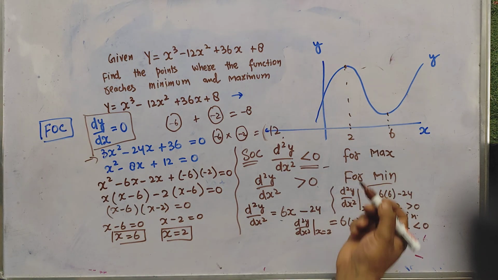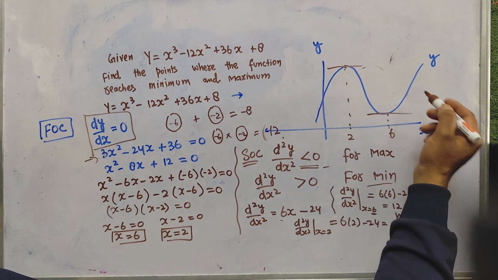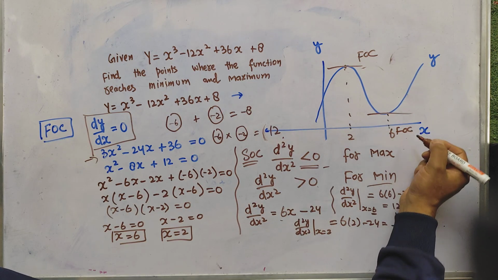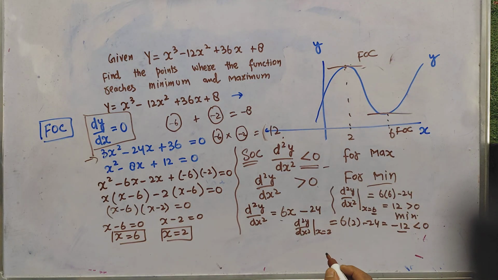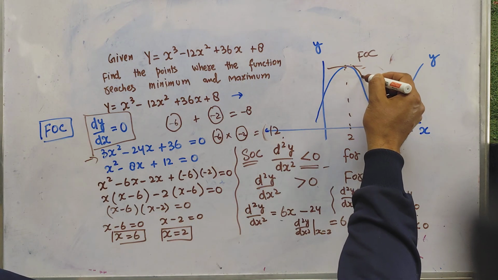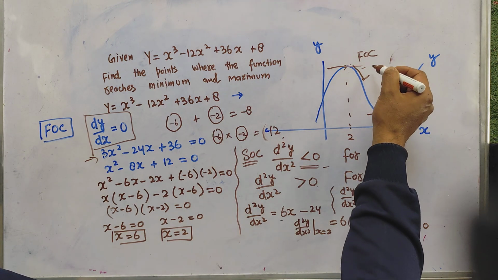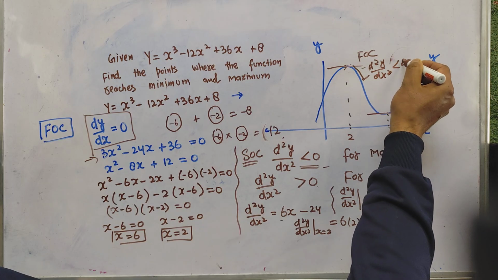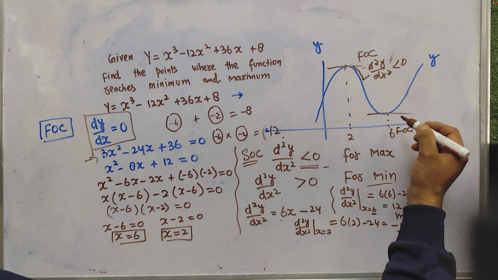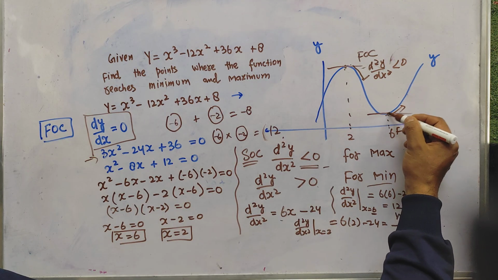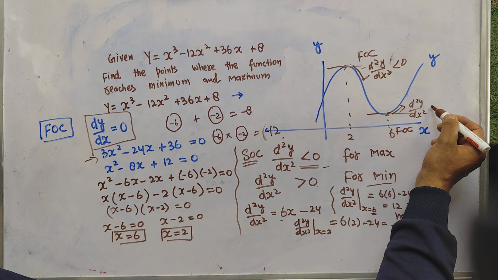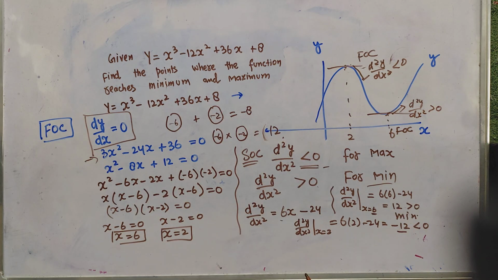Okay, so the first order condition, FOC, gives us that the slope is equal to 0. The second order condition tells us the second derivative, d square y upon dx square, should be less than 0 for a maximum, and when evaluated at the point it should be greater than 0 for a minimum.